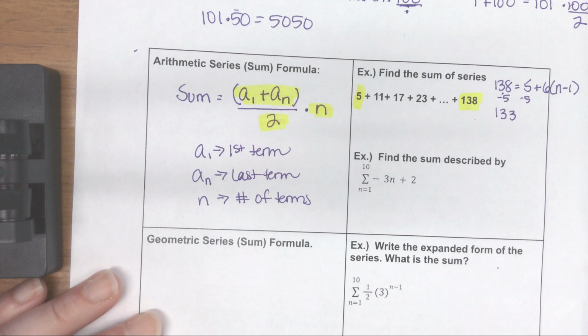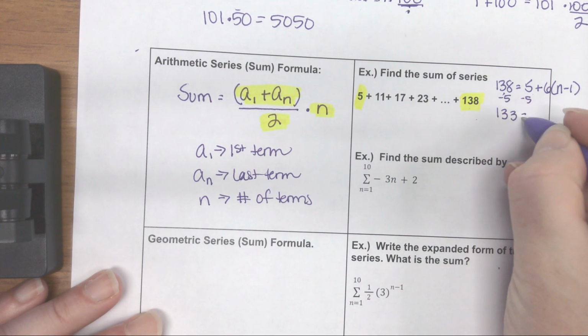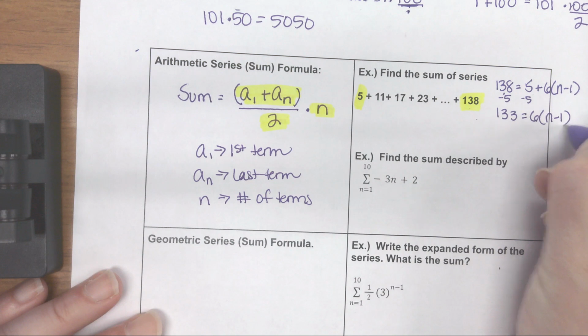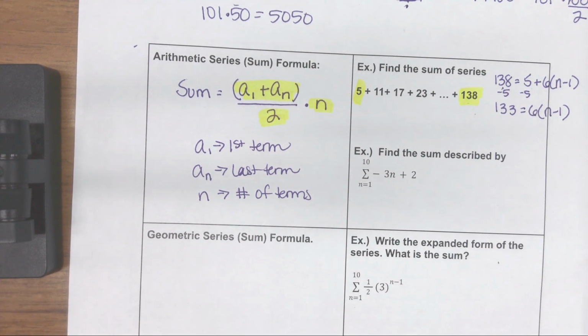Now we get 133 equals 6 times n minus 1, yes? What's 133 divided by 6? Take a wild guess here. It should be nice.